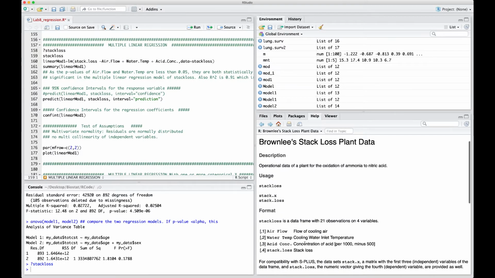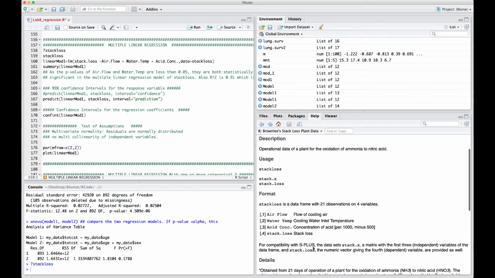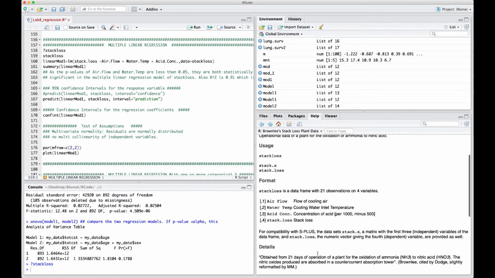So how many variables are there? Airflow, water temperature, acid concentration, and stack loss. So here we want to take stack loss as y, and then we want to see whether y depends linearly on airflow, water temperature, and acid concentration or not. You see that?